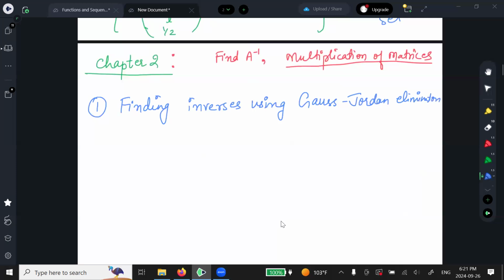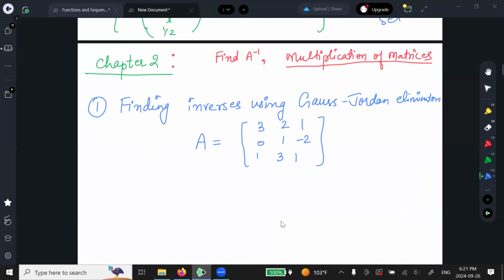So the question will be very typical. I give you a matrix A, with 3, 2, 1, 1, 3, 1 as my example. And I ask you to find A inverse using the elimination method.